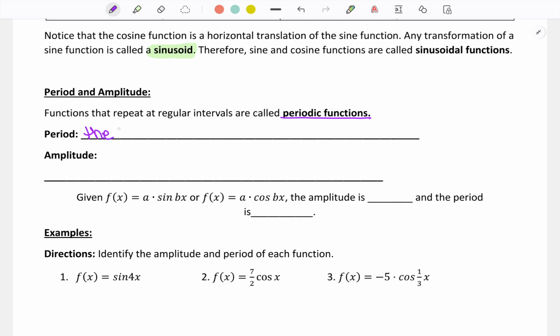the length of the cycle. Or the length before the graph repeats.